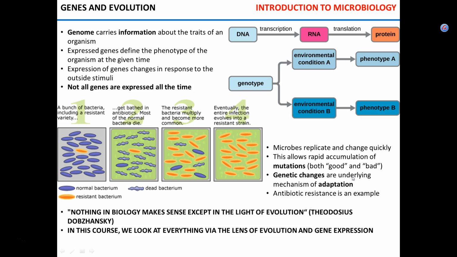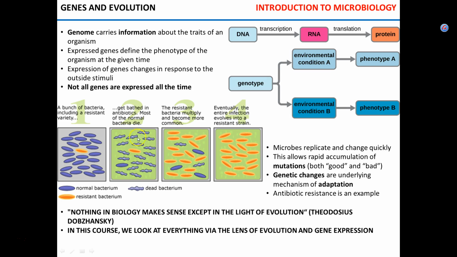So the genetic changes allowed them to adapt to the pressure, like antibiotics. You have a population of bacteria, millions and millions of cells, and some of them have mutations that confer resistance. You see that orange one? Then you put that bacteria on a medium that has antibiotic.